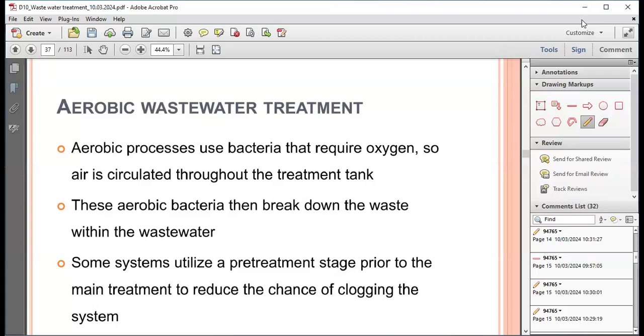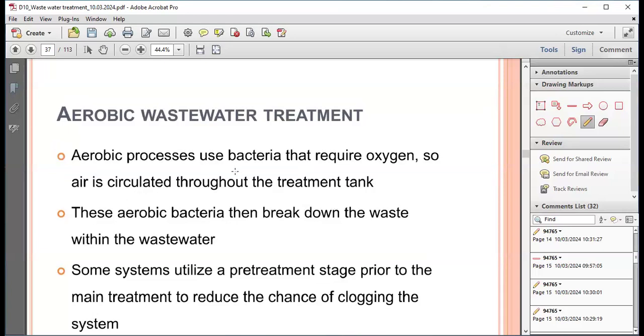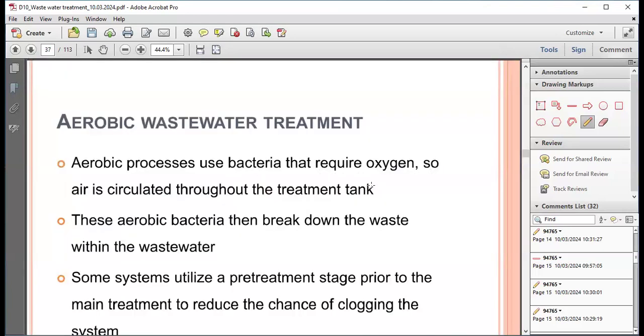Aerobic processes use bacteria that require oxygen, so air is circulated through the treatment tank. These aerobic bacteria then break down the waste within the wastewater.